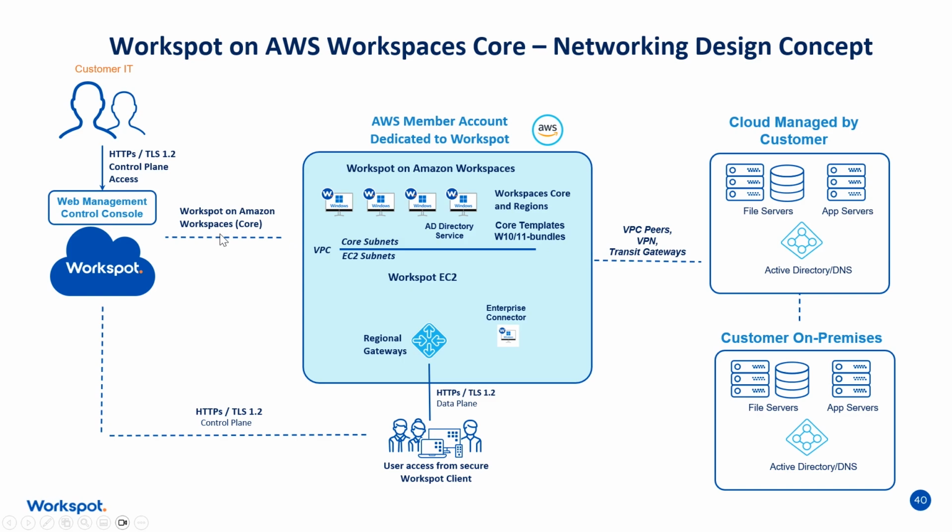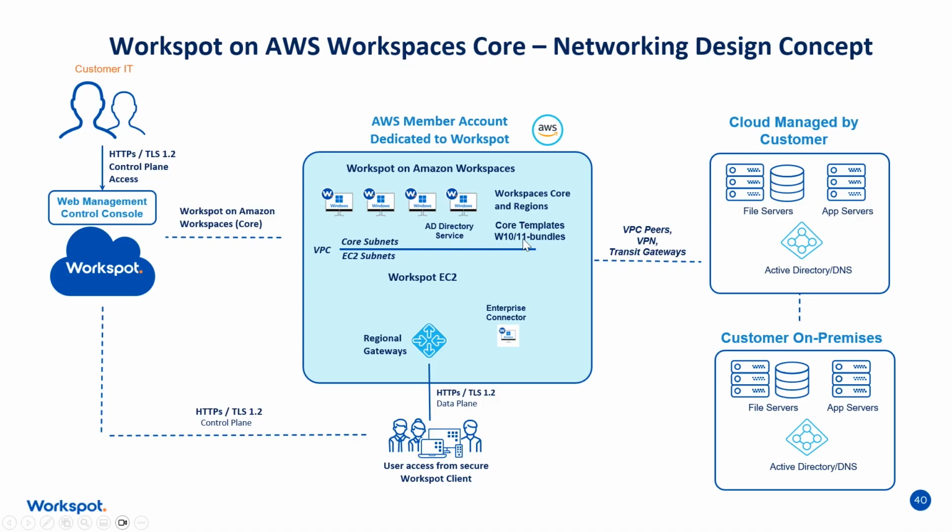Workspot control can connect specifically to the WorkSpaces Core layer. And what happens here, which is a little different from everything else, is we actually pass off the provisioning capabilities to AWS Core, which is a little different from what we normally do, because we usually interact directly with the cloud provider APIs and do the provisioning ourselves. But in this integration, AWS Core is doing the provisioning.